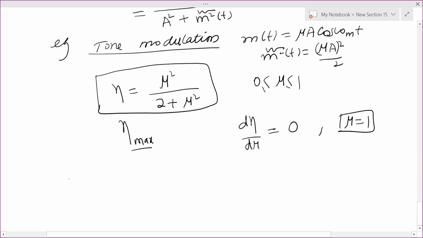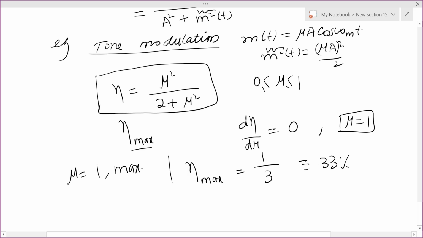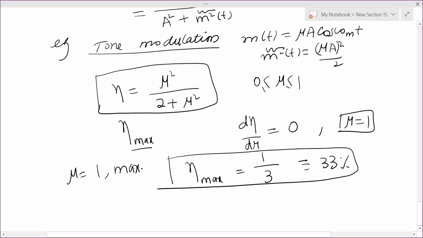At mu equal to 1, you get maximum efficiency, eta max, which equals 1 over 3, that is 33%. It means that out of 100 watts, 33 watts are used for transmitting the message. The rest is just wasted. But why we still go for AM is because it helps in demodulation. We will see that.